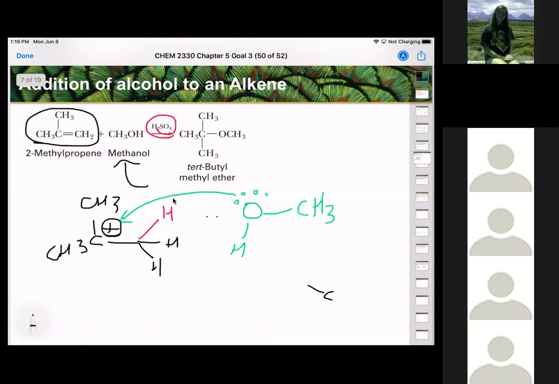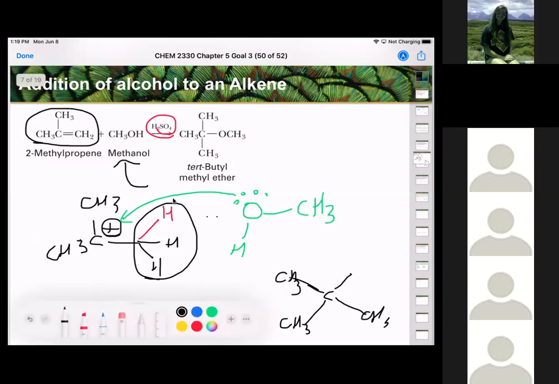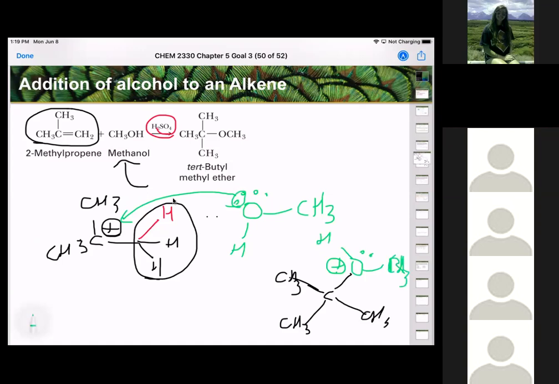C, methyl group, and methyl group. See how this has become a methyl group here because we've added those hydrogens there? So this is a CH3, a CH3, CH3. And then we have our new bond with our oxygen here, which now has the positive charge on it because 2 of this lone pair turned into that new sigma bond. So we have a hydrogen, another lone pair, and the CH3 group here. Okay, so we're not done.